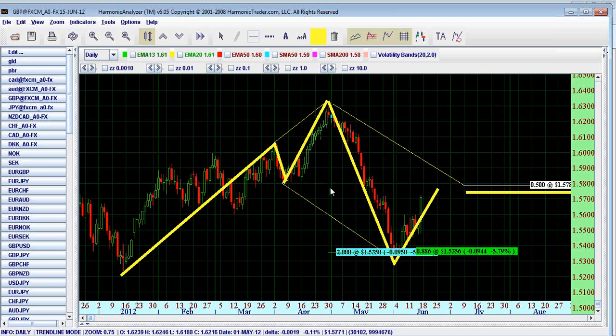But in the shark, we look for this extreme counter trend move to correspond with some type of .886, clear .886 retracement of a prior support point. In this case, the .886 with this 2.0 extension served as a great area to be looking for, at a minimum, a short-term counter trend reaction.